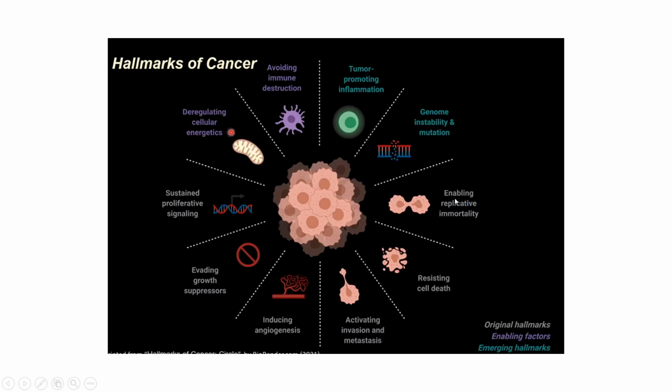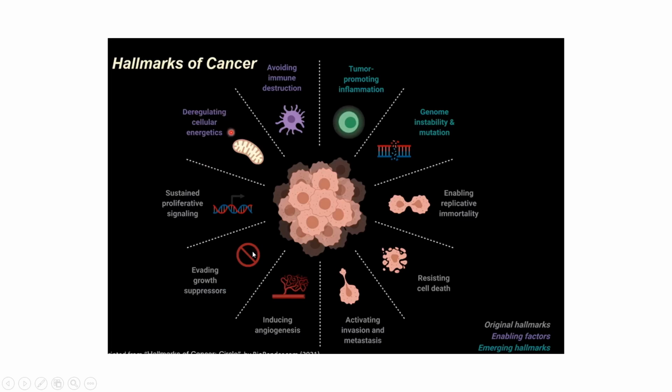Then enabling replicative immortality, so uncontrolled replication will be there in the cancer cell. Cell death will not occur because the apoptosis pathway is inhibited. Metastasis property will be there in the cancer so that it will translocate to other organs. Angiogenesis will be higher in the cancer cell so that it will promote blood vessel proliferation, and the blood vessels supply all the growing cells.